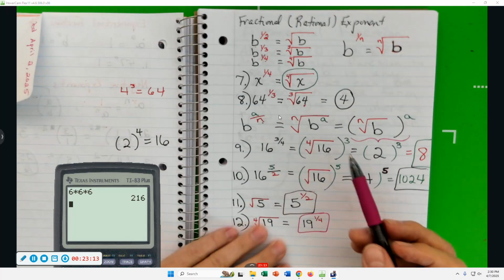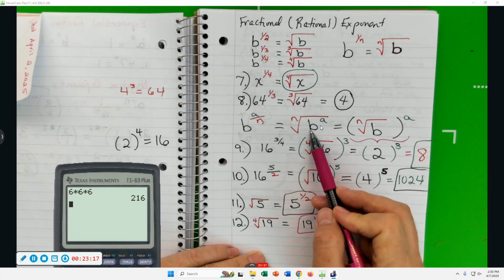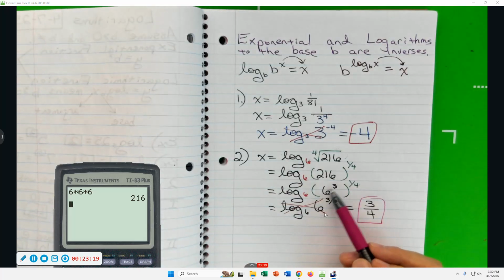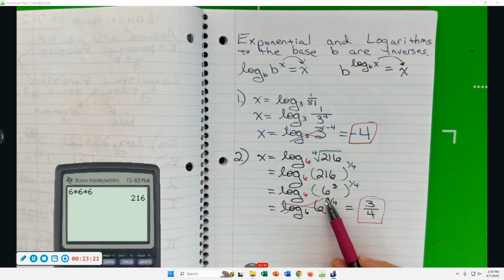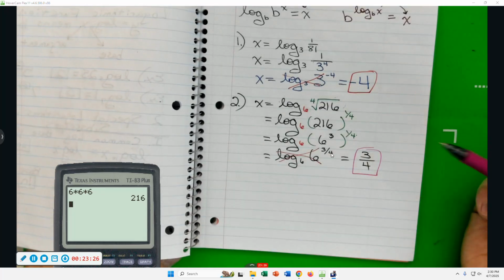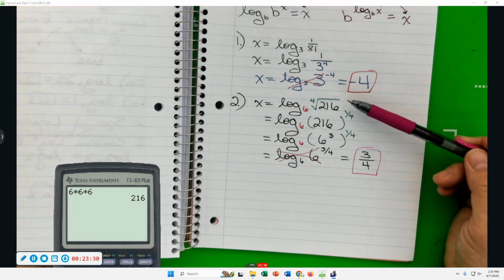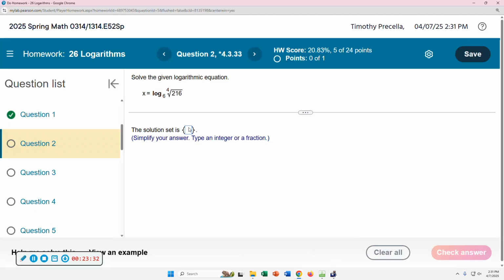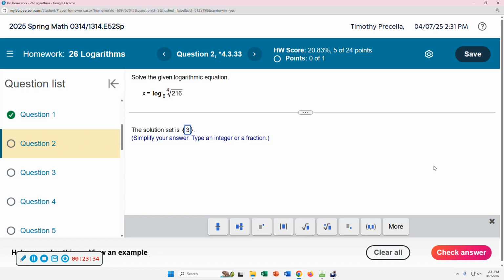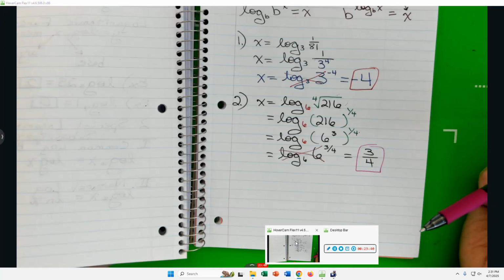The numerator is the power that's on that base. We needed a 6 cubed, so 3/4. 6 cubed, 4th root. And I need to type in that answer, 3/4. If you see a radical appearing with logarithms, you must rewrite it using an exponent. It'll be a fractional exponent.